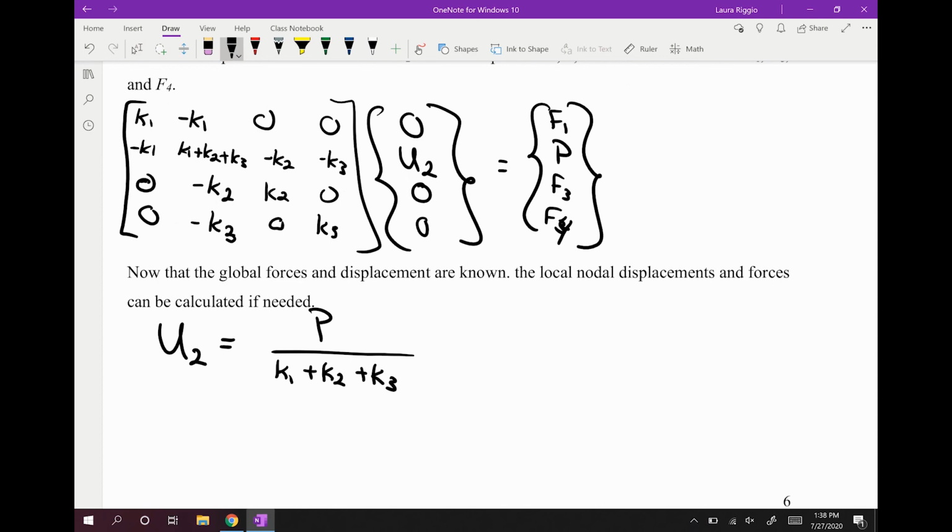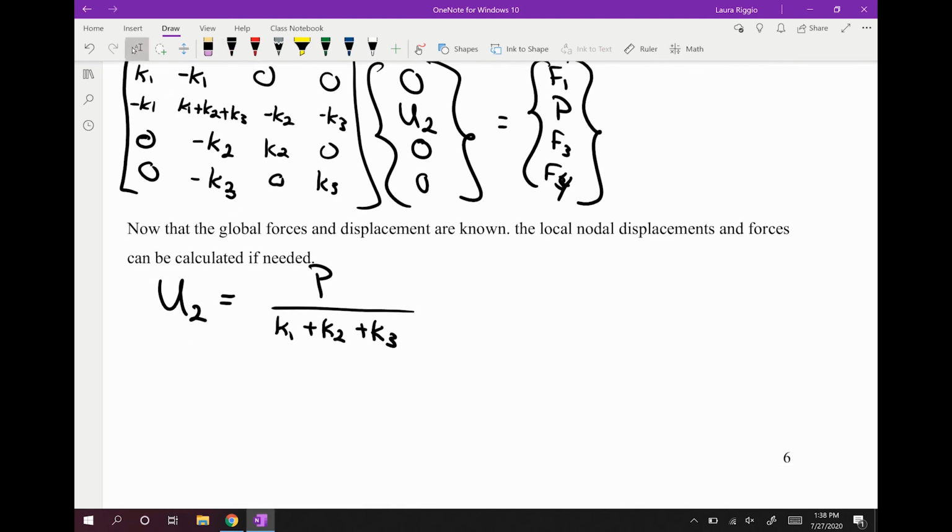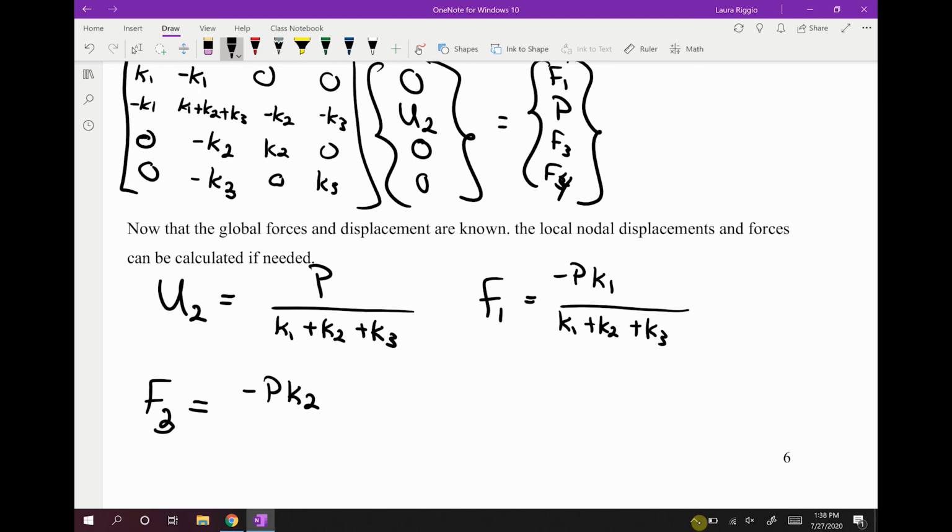After we solve for our unknown displacements, we go back and we solve for our unknown forces. F1 will be minus P times K1 divided by K1 plus K2 plus K3. And F3 will be minus P times K2 divided by K1 plus K2 plus K3.